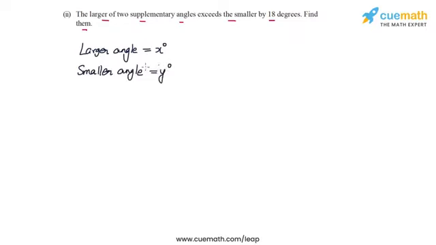Now the given problem statement actually gives us two pieces of information about x and y. The first thing it says is that the two angles are supplementary, which means that their sum should be 180 degrees. And from this we can write our first equation, x plus y is equal to 180.